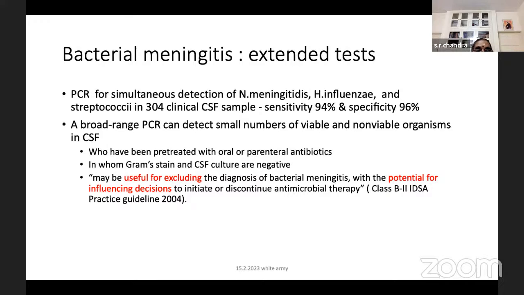So if this is done in patients who have been pre-treated, so partially treated cases where you do not know, you start anti-tuberculous also. The patient is developing hepatotoxicity. It is all started by the fifth level recommendation of rare presentations of tuberculous meningitis. Maybe it is not at all.